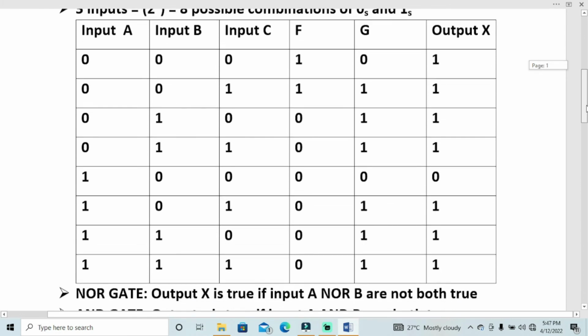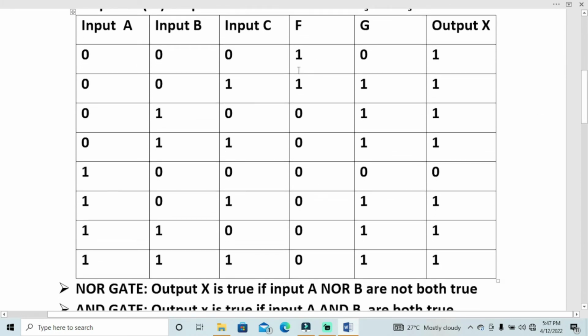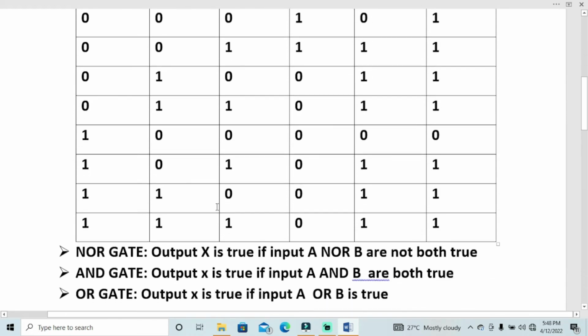So in order to acquire output G, we will be taking B and C through the AND gate. Just for your understanding, I have stated here that the AND gate states output X is true if input A and B are both true, which means it's only in a situation where A and B are both ones that we are going to have output X as one.